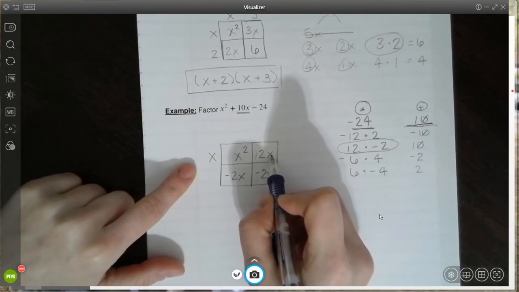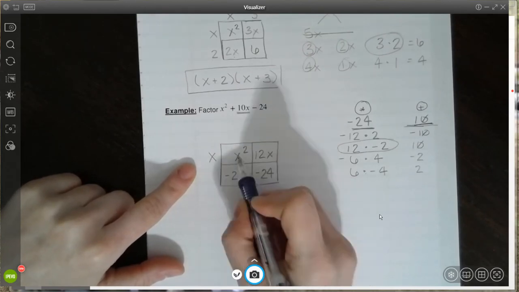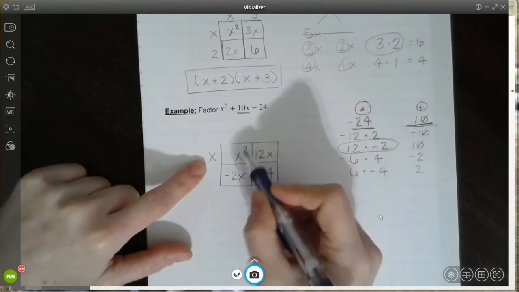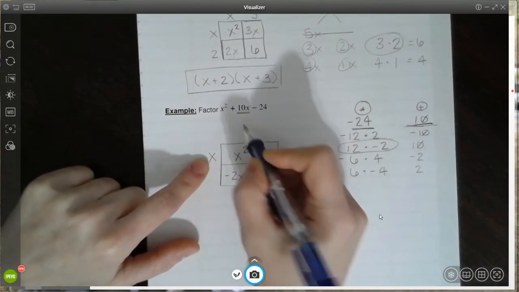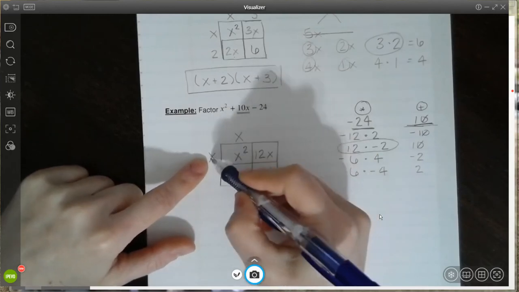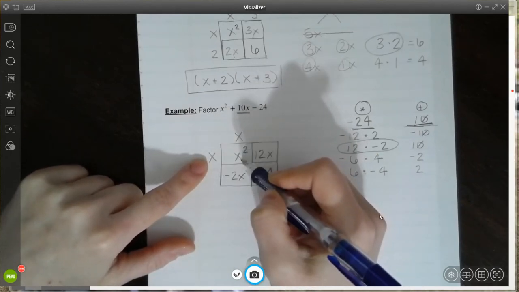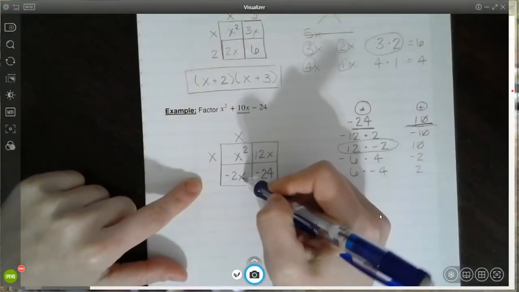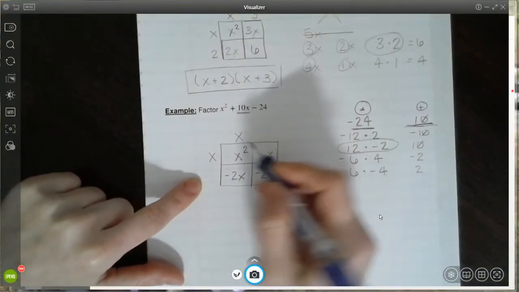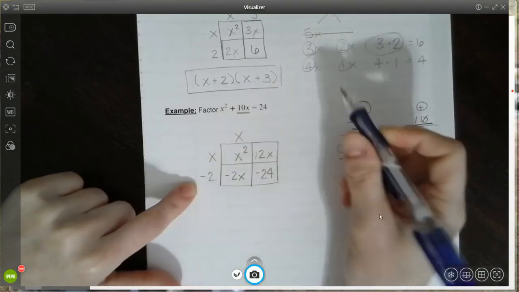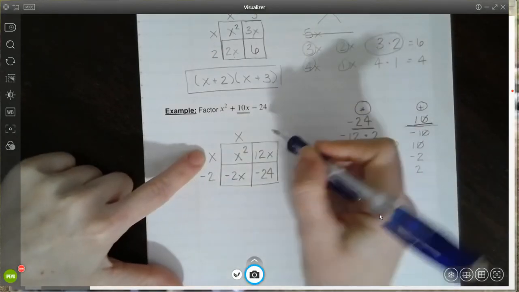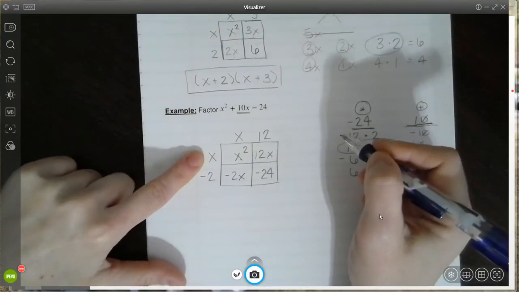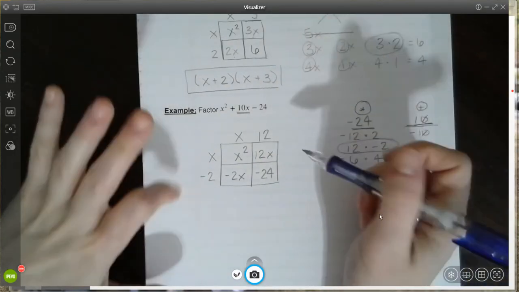Another way of thinking about it is the greatest common factor between x squared and 12x is x. Now, in order to get x squared, this side would have to be x because x times x makes x squared. What's missing to give me negative 2x when I multiply by x? Well, this would be negative 2. What's missing here to give me 12x? That would be 12.